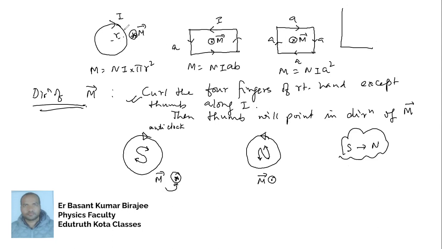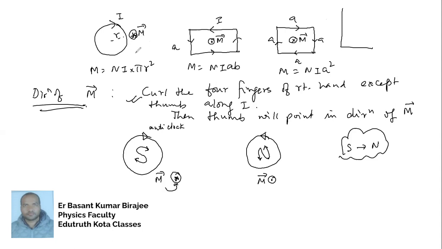So this current carrying loop also produces a magnetic field around it, meaning it behaves as a magnet. And the direction of the magnetic field due to each loop, we already studied.